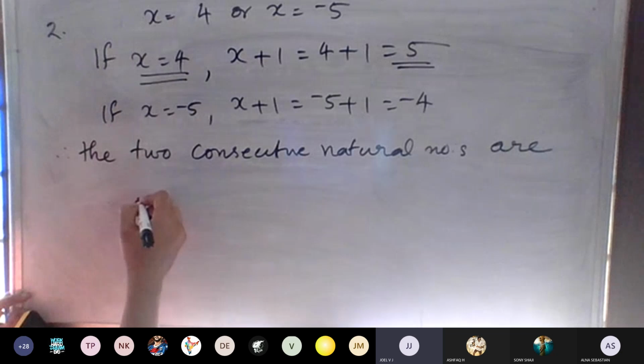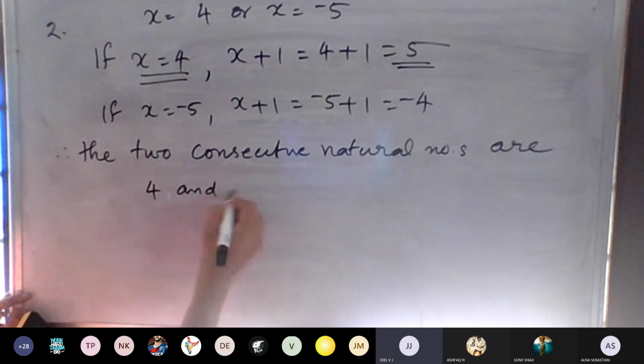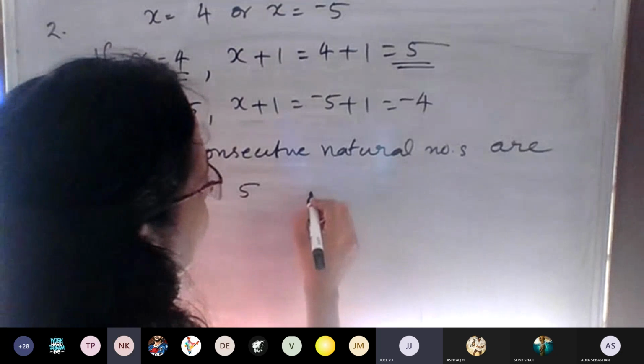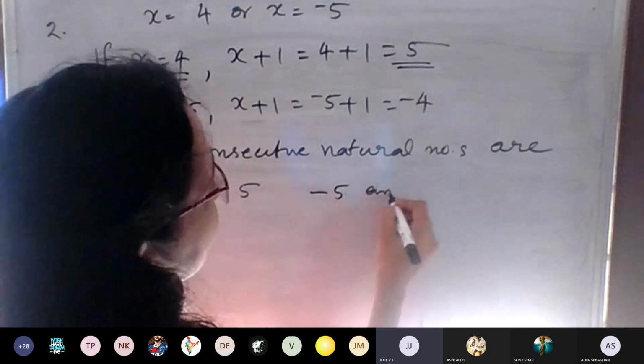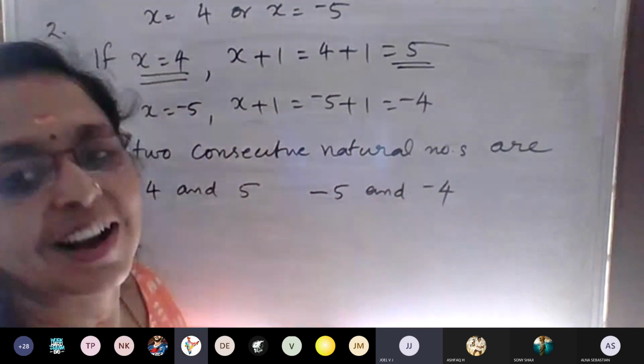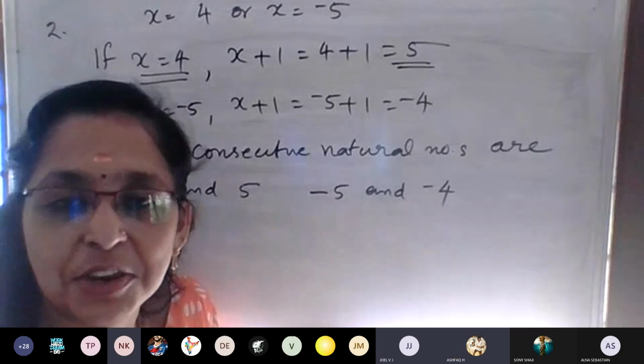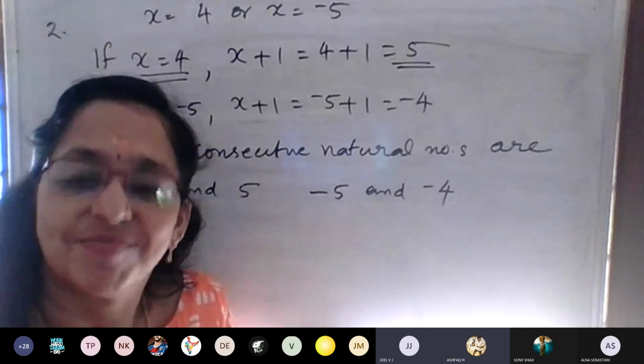Negative 5 and negative 4 are other answers, but that is not required, because negative numbers are not natural numbers.